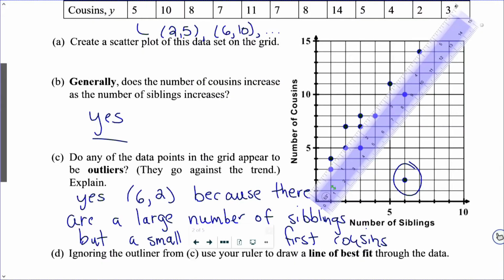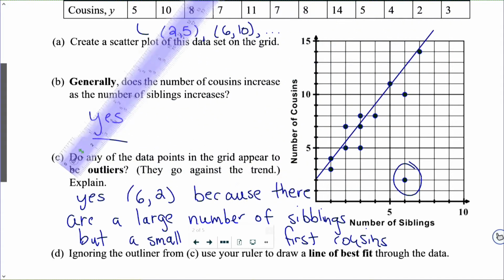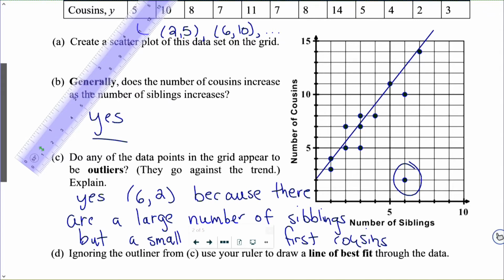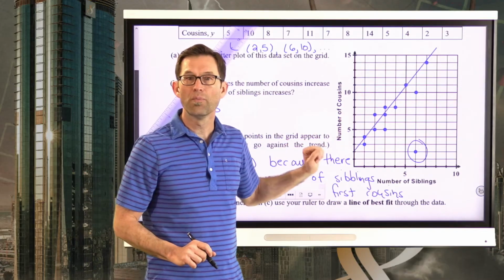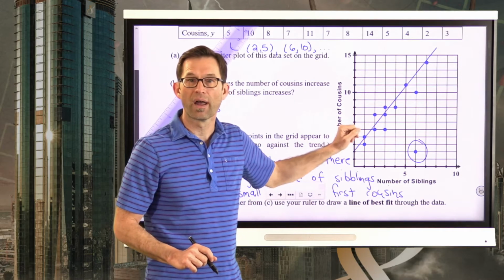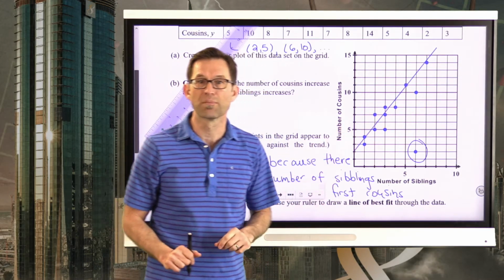So, maybe right now, let me draw a line on here, and then we'll adjust it if we need to. Maybe this would be a good line of best fit. Let me bring this out. Right, so, when I look at this line, what do I have? I've got 1, 2 points above it, a bunch of points on it, and 1, 2, 3 points below it.